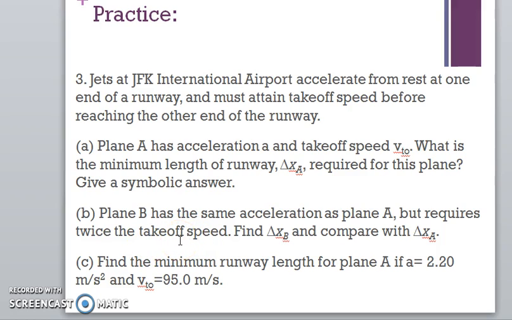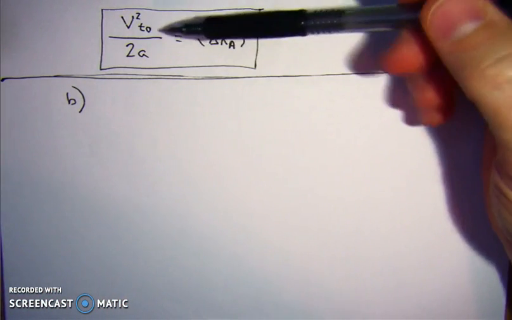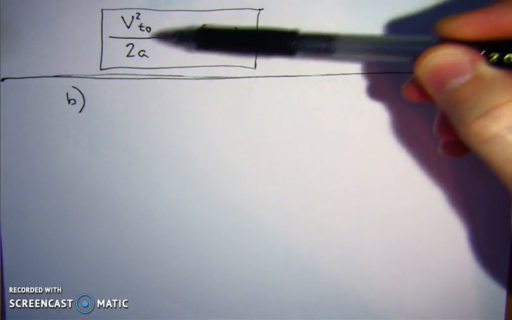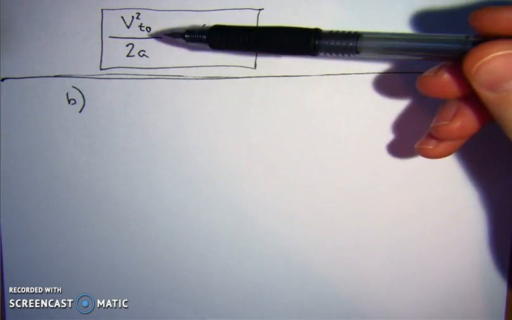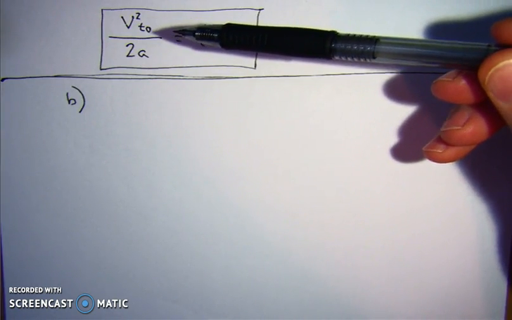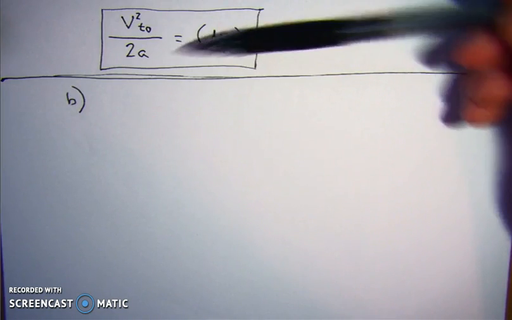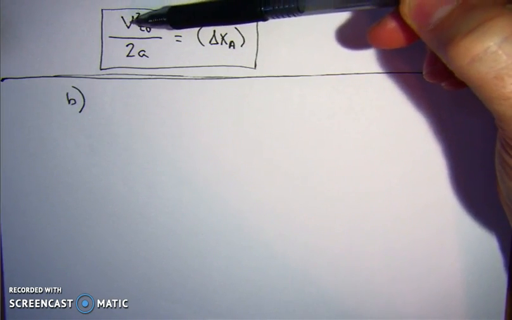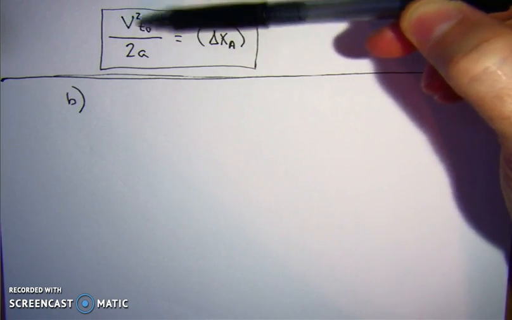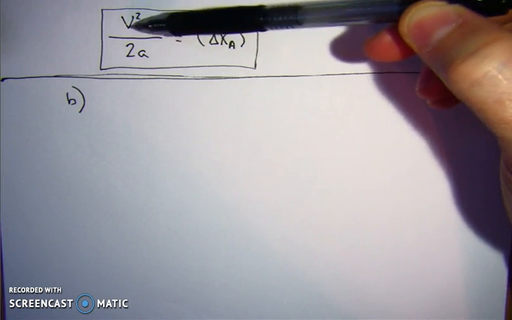Now this is basically a conceptual problem. Let's look at what we had for plane A. It says plane B requires twice the takeoff speed. So how much more runway will it need? How much more distance? Well, if you double the velocity, what will happen?